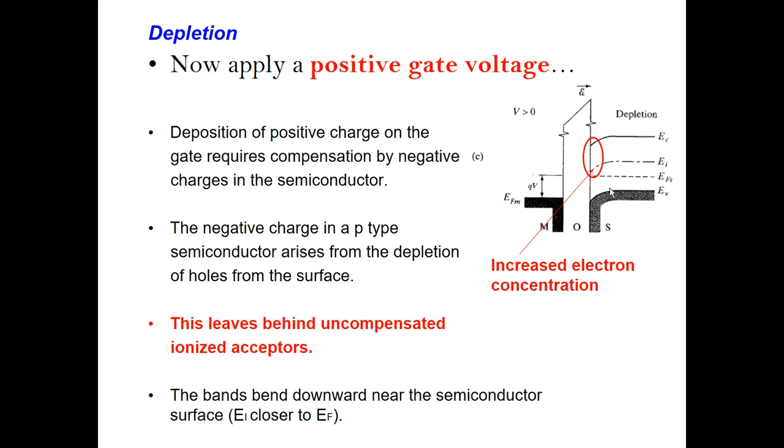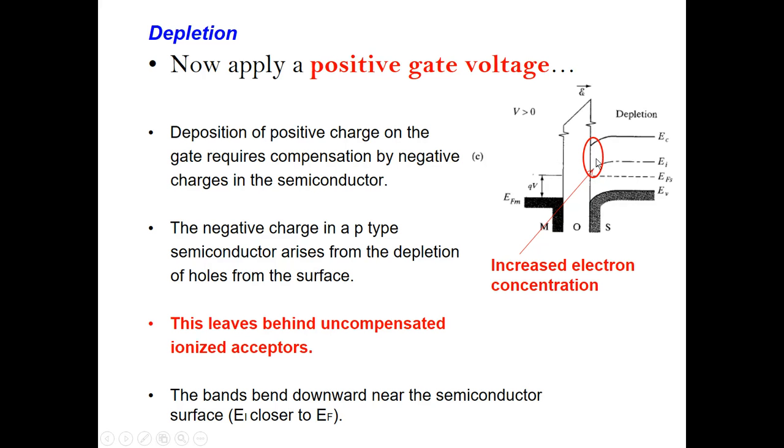So in this diagram it can be seen that the bands are bent downward. Here we now have a negative charge.